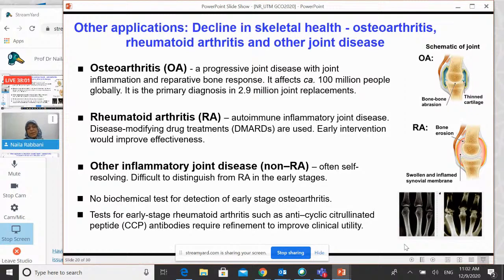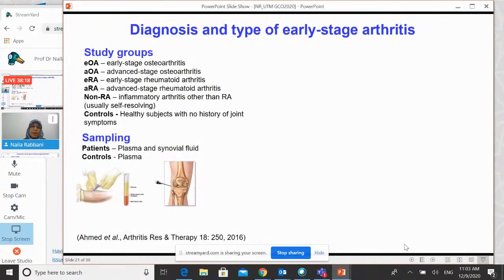So why did we choose to study this? Because there is no biochemical test for detection of early stage osteoarthritis, and tests for early stage rheumatoid arthritis, such as anti-cyclic citrullinated peptide antibodies, require refinement to improve clinical utility. For our study group, we recruited patients with early osteoarthritis, advanced osteoarthritis, early rheumatoid arthritis, advanced rheumatoid arthritis, non-rheumatoid arthritis, and healthy control.